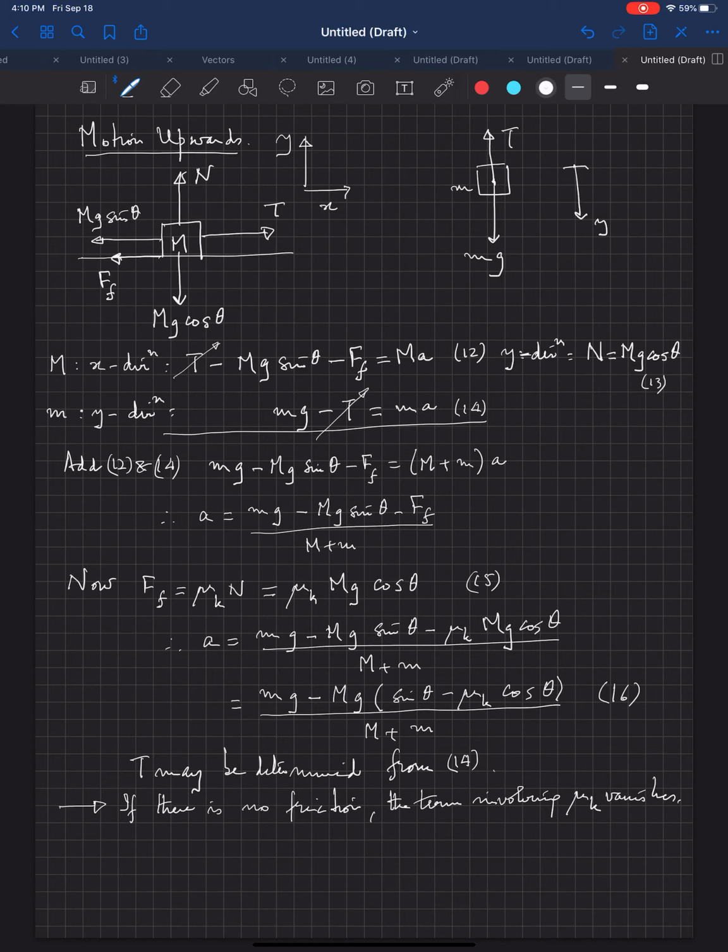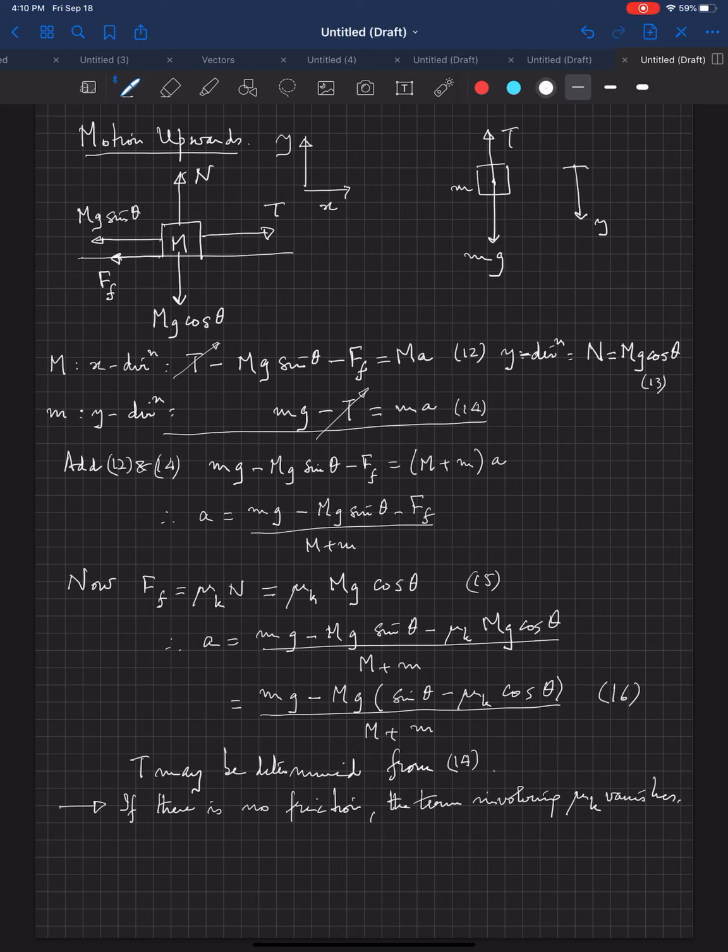So if I want to consider the special case where there's no friction, I take all these expressions that I've derived for, say, the acceleration, and put mu k equals 0, and voila, I've got all the equations for that case.